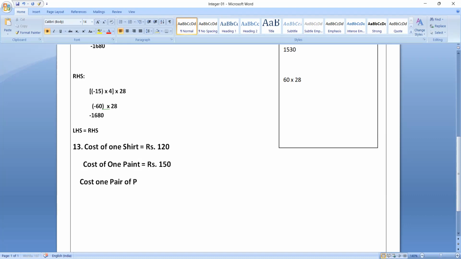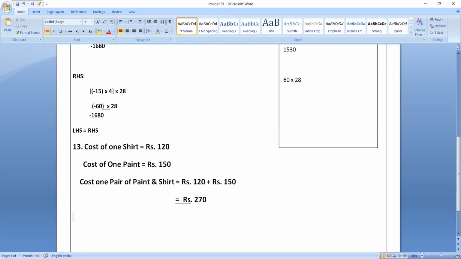of pant and shirt is rupees 120 plus rupees 150, which says that the total cost is rupees 270 of one pair.